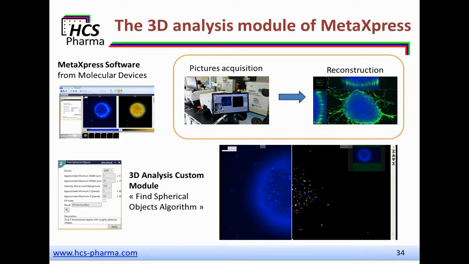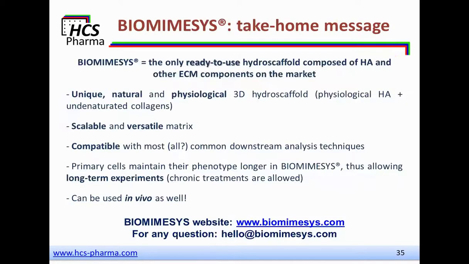And this is what can be achieved with the 3D analysis module of MetaXpress. So in the software, there is a 3D analysis custom module. And for example, a find spherical objects algorithm is very efficient. So I will show you the video.